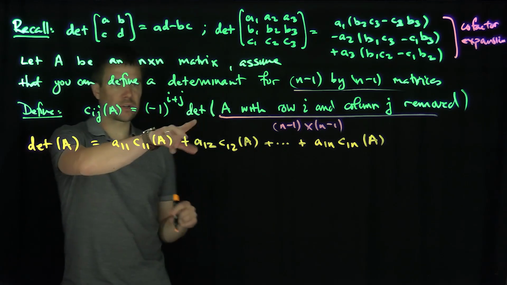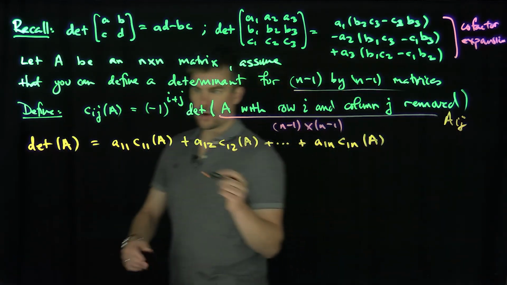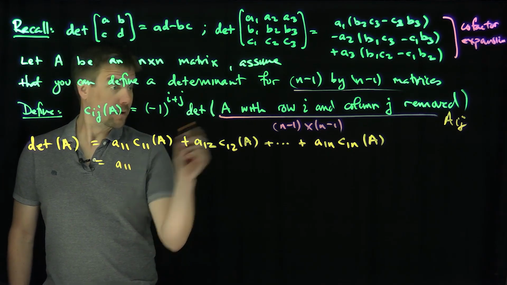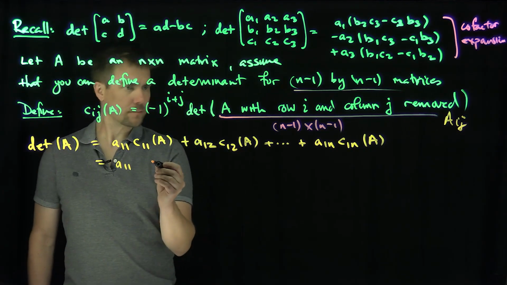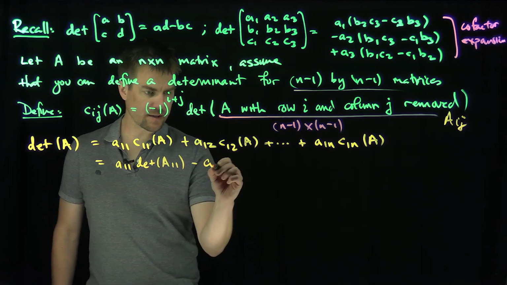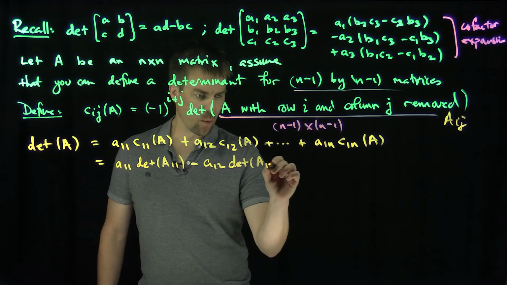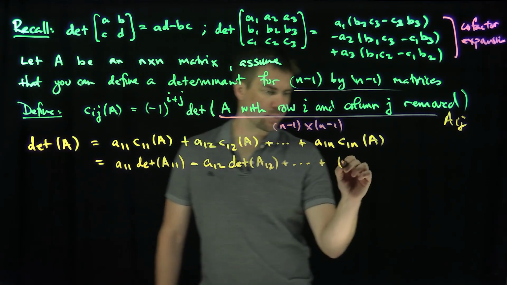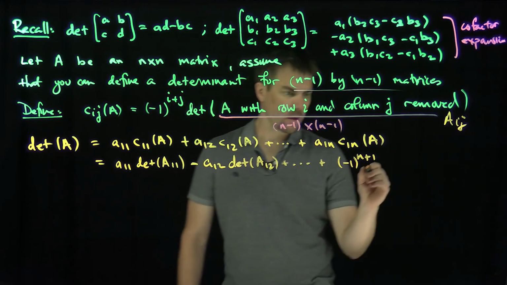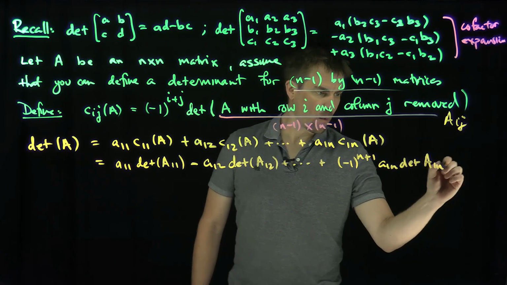And if you want to write this in terms of matrices, let's call these A sub ij. This can also be written as A11 times the determinant of A11, minus A12 times the determinant of A12, all the way down to (-1) to the n plus 1, because I have the first row and column n, times A1n times the determinant of A1n.